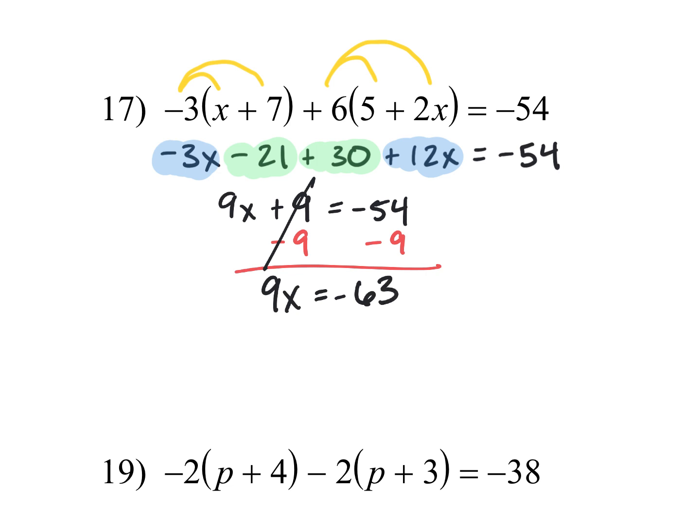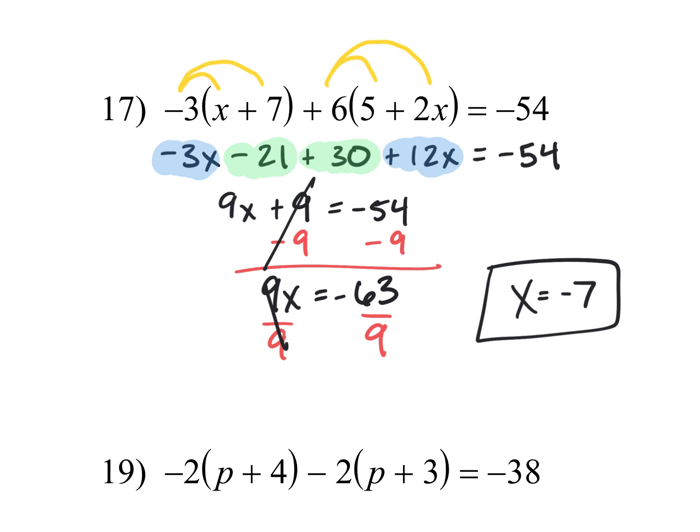Then, to get rid of multiplying by 9, you have to divide it. So you end up getting x is equal to -7. The reason it is a -7 is because it was a -63 divided by a +9. Any questions on 17?